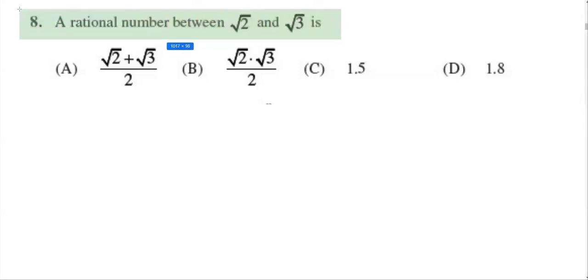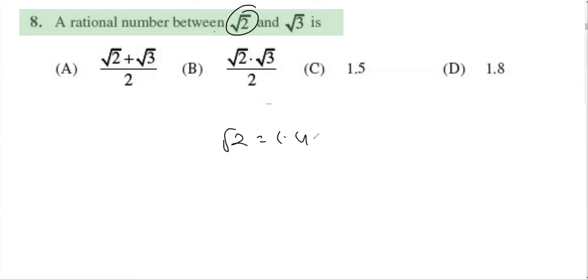In question number 8, we have to find a rational number between root 2 and root 3. Before looking at the options, we should know the decimal expansion of root 2 up to 3 decimal places, which is 1.414, and for root 3, it is 1.732.